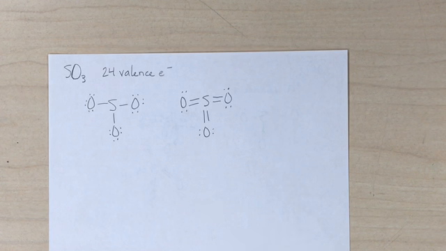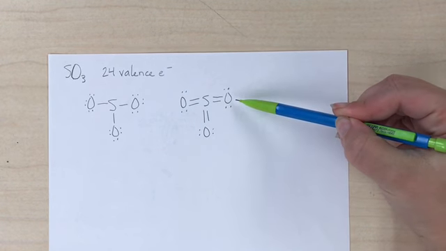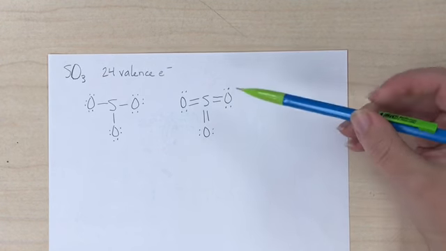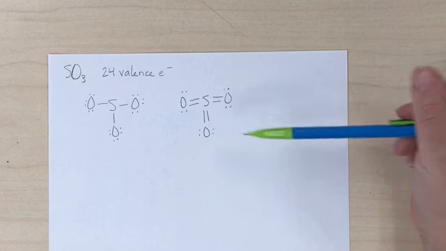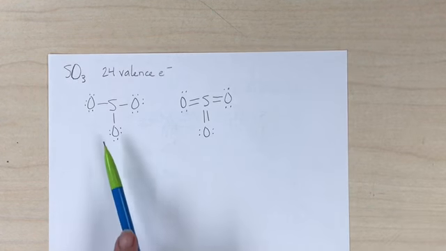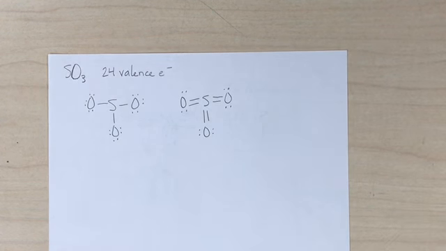This is okay because sulfur is an octet violator, meaning that it can hold more than 8 electrons. This Lewis structure still has 24 valence electrons, and the formal charges are closer to zero than in this Lewis structure. So this is the best Lewis structure and the one we will use to finish solving the problem.